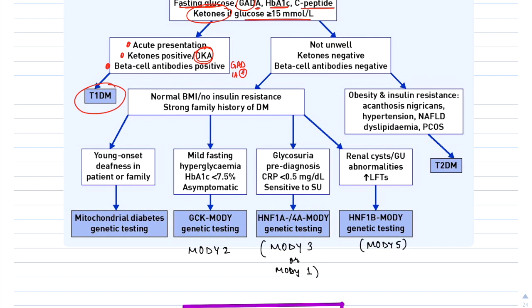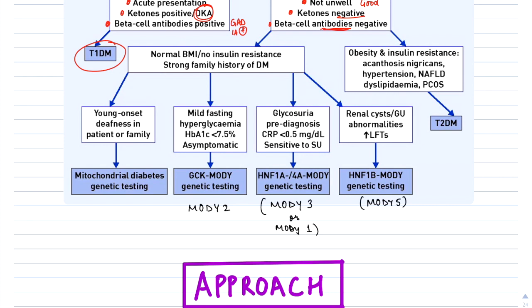But if the patient is not unwell, is good at presentation, the ketones are negative, and the autoantibodies, that is glutamic acid decarboxylase or insulin autoantibodies, are negative, then type 1 diabetes is ruled out; there is no autoimmunity. Now we'll go to checking the insulin resistance.